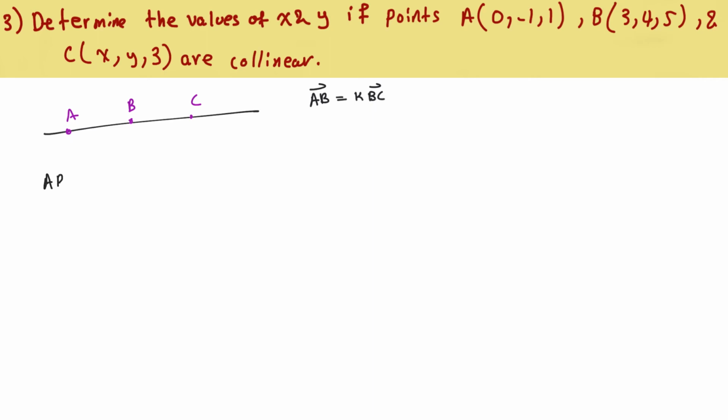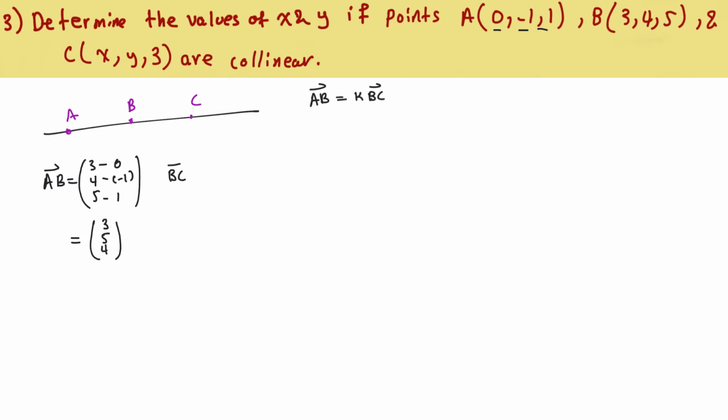Vector AB here is going to be the x, y, and z coordinates of point B, 3, 4, and 5, subtracted by the x, y, and z coordinates of point A, which is 0, negative 1, and 1. When I do that, I get 3, 4 minus negative 1 is 5, and 5 minus 1 is 4.